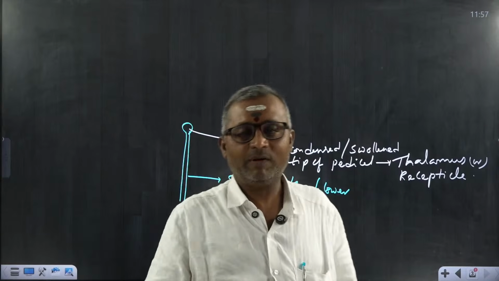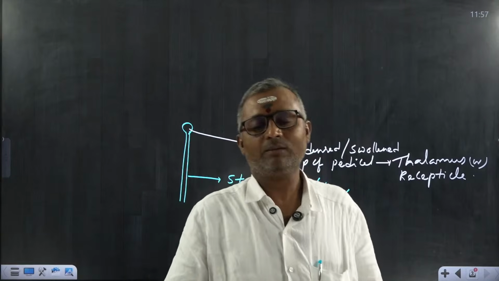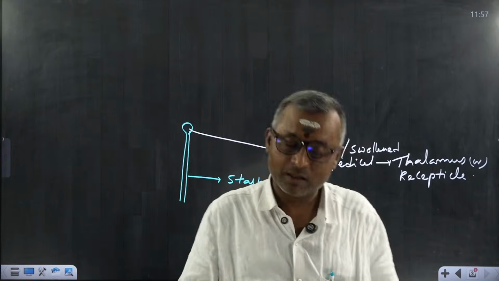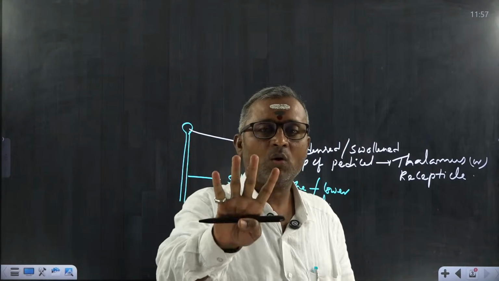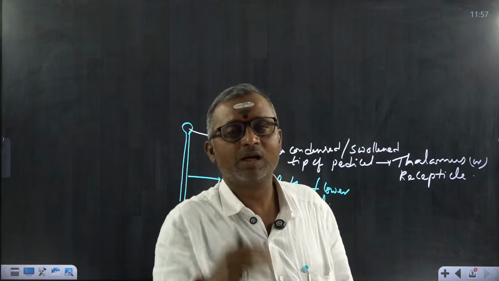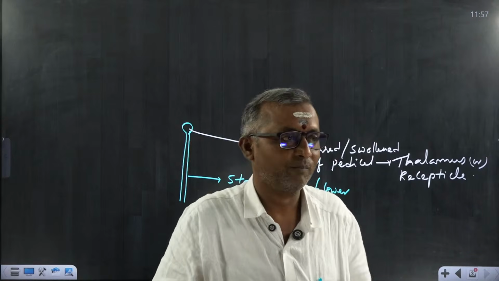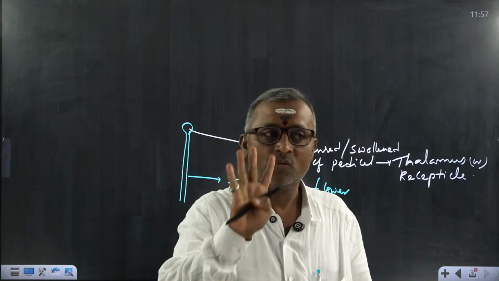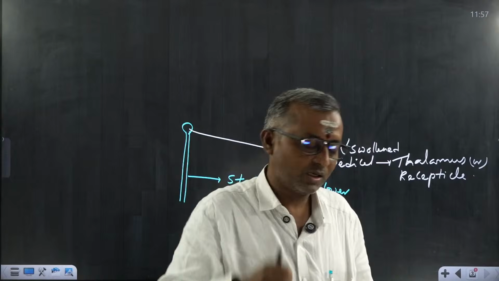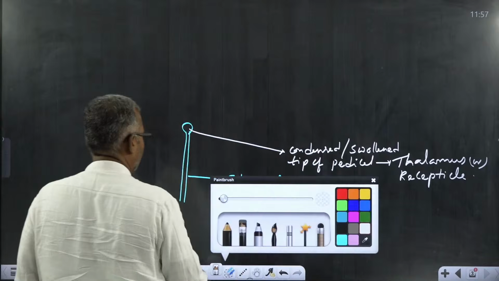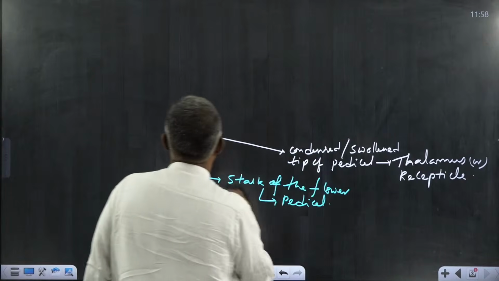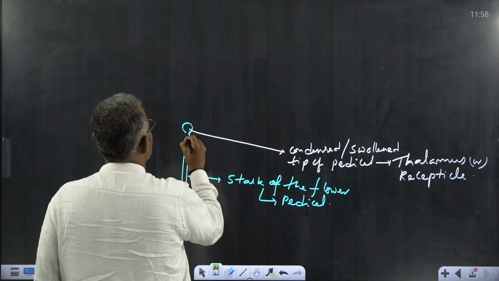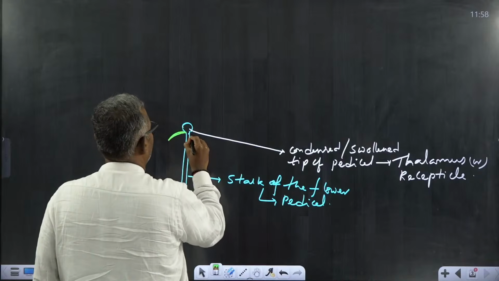The thalamus of a typical flower contains 4 nodes and 3 internodes. Listen to me carefully. Let me explain what they are. This is the first node, second node, third node, fourth node.